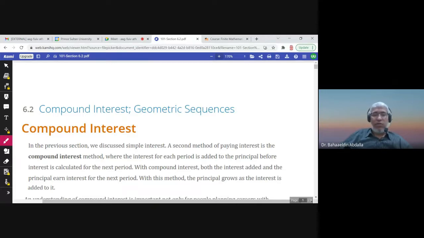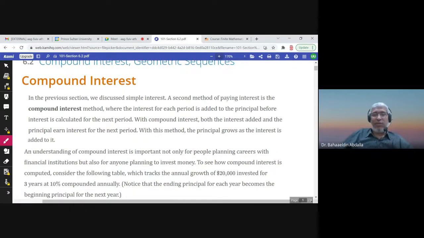This is section 6.2, compound interest. In the previous section we discussed simple interest and we have seen that I equals PRT.